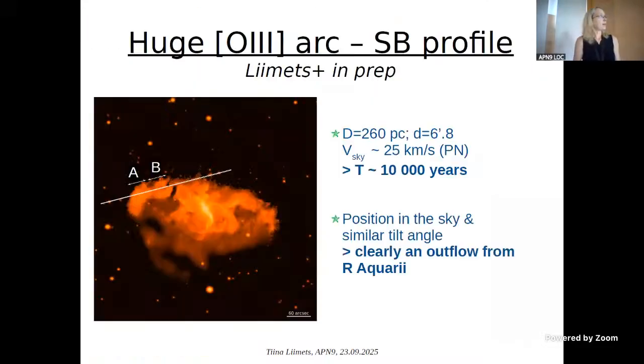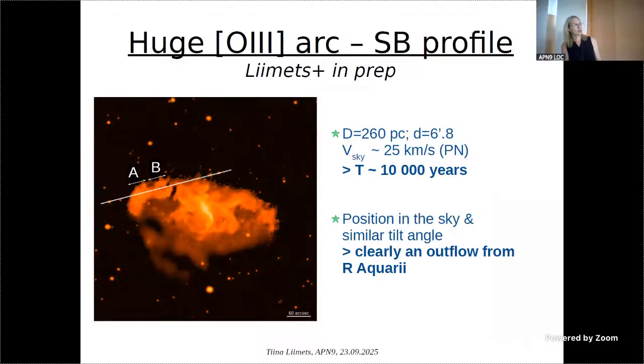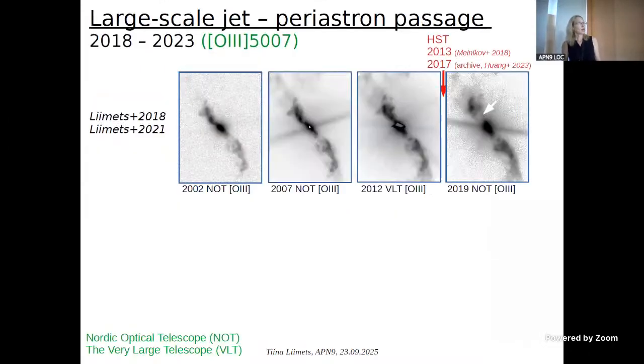Moving into this central area, but still at relatively large scale, and now concentrating on this large scale jet. As was mentioned already before, Araquari recently went through a periastron passage, where the white dwarf gets closest to the Mira variable, but it also happens to be the inferior conjunction that Javier pointed out to me some time ago.